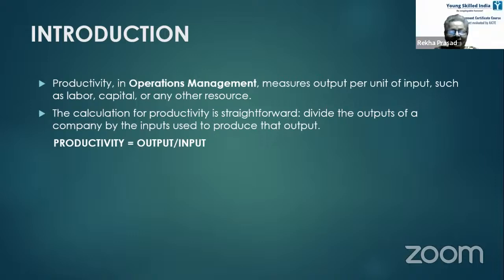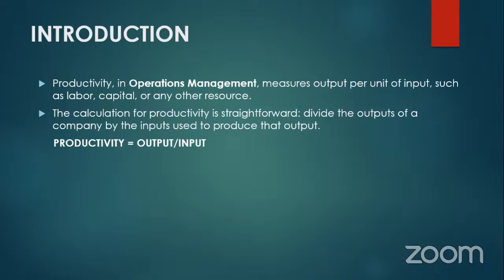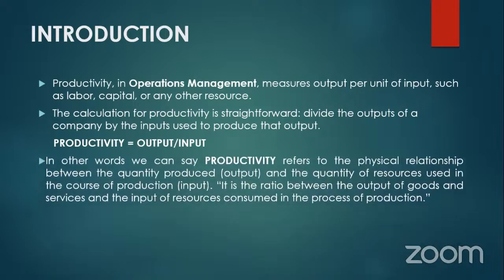The calculation of productivity is straightforward. Divide the output of a company by the input used to produce that output. Productivity equals output divided by input.